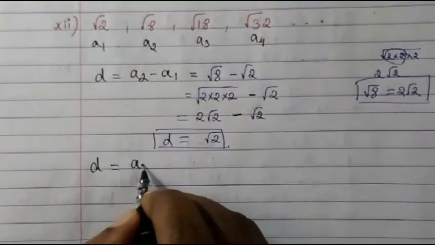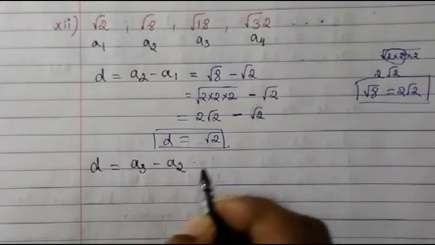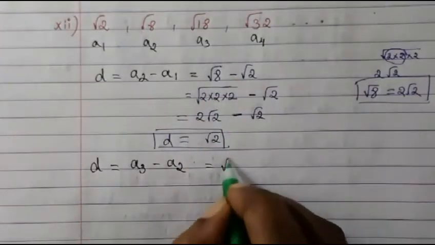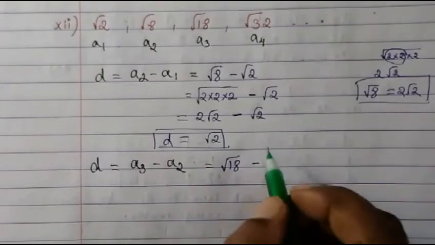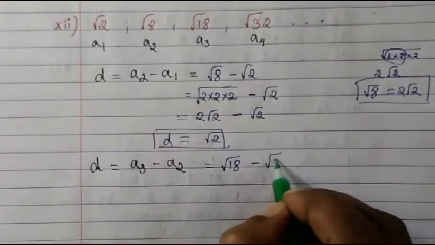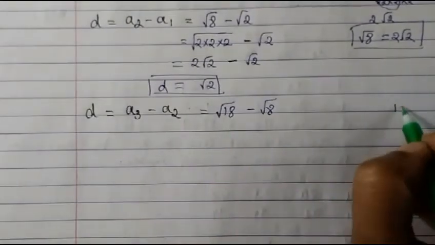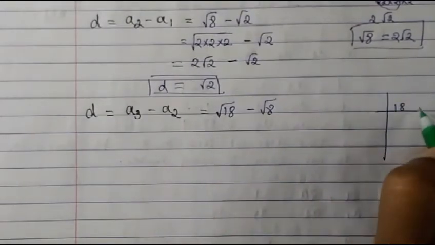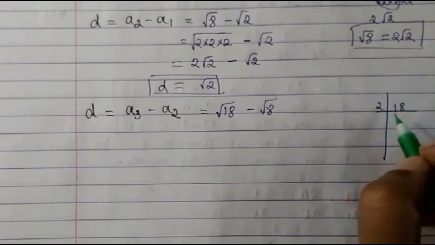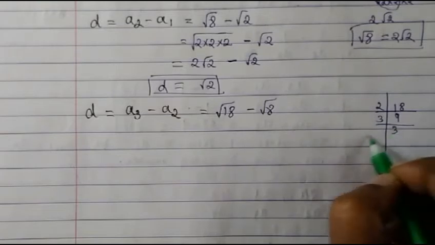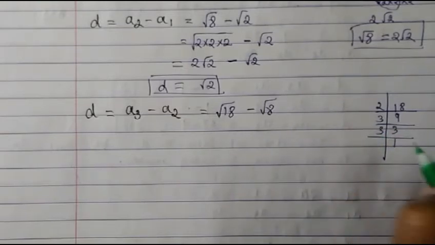Now A3 minus A2. A3 is root 18 minus A2, which is root 8. Now let us factorize 18. If you factorize 18, table 2 will give us 9, and table 3 will give us 3 times 3, then 3 will give us 1.